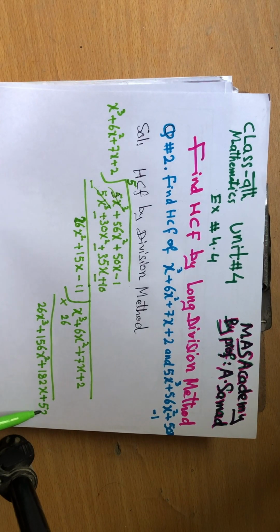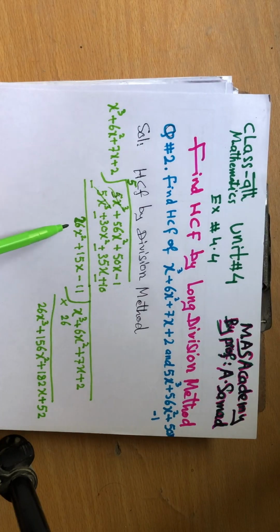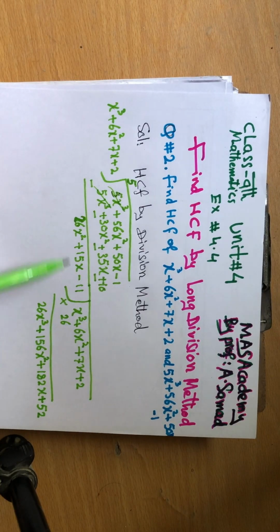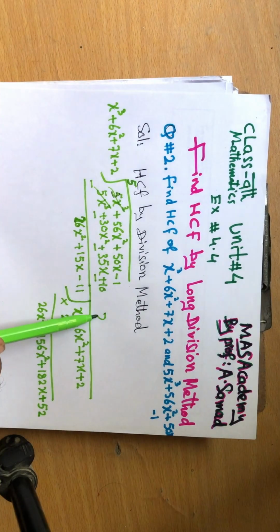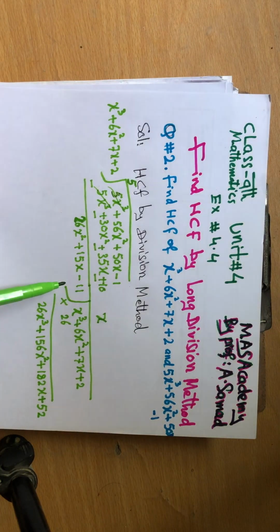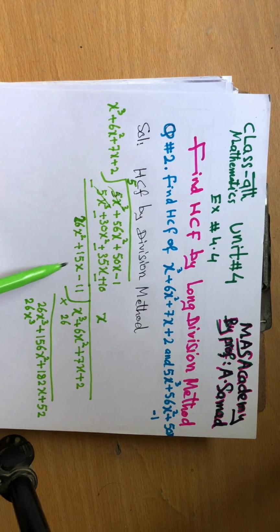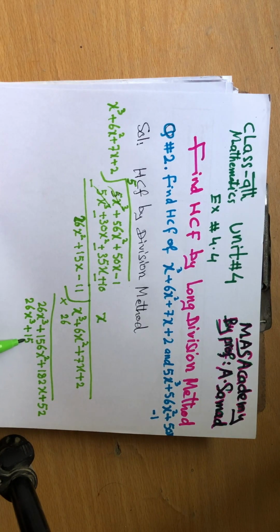Now we have reached the position where we can divide it easily. How many times can the divisor catch the dividend? Simply x times. x multiplied by 26x square comes 26x cube, x multiplied by 15x comes 15x square, and x multiplied by minus 11 comes minus 11x.